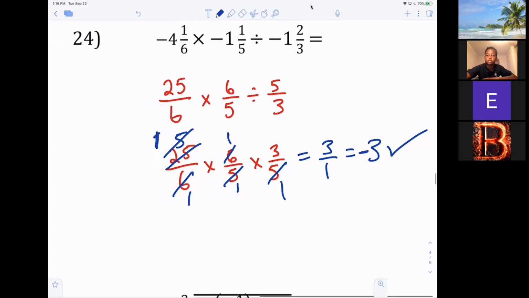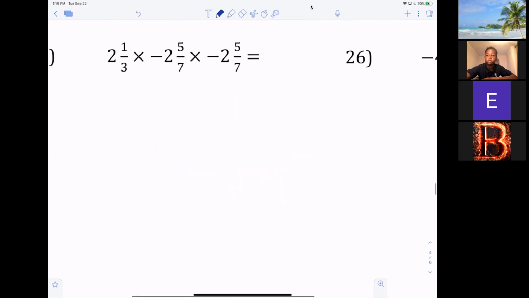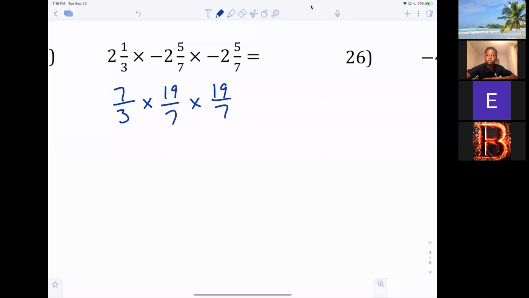I'm feeling good. Uh-oh. Can I do this one? Tell me. Let's make something proper. Go. So you have 7/3. Good. You might have 19/7. And then you would have 19/7. And then your answer is going to be negative or positive?